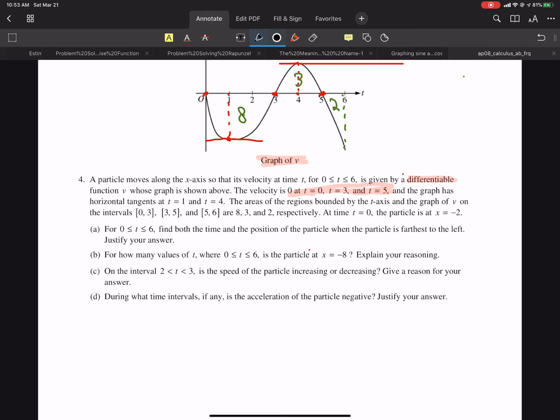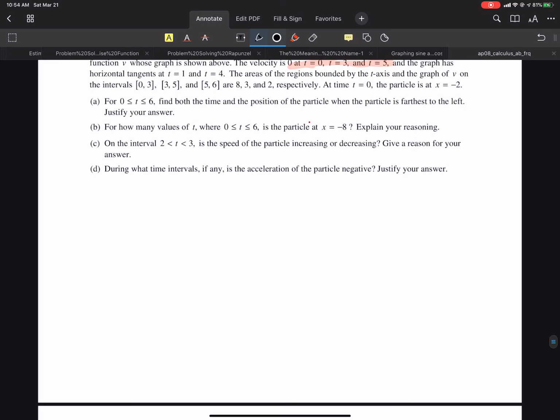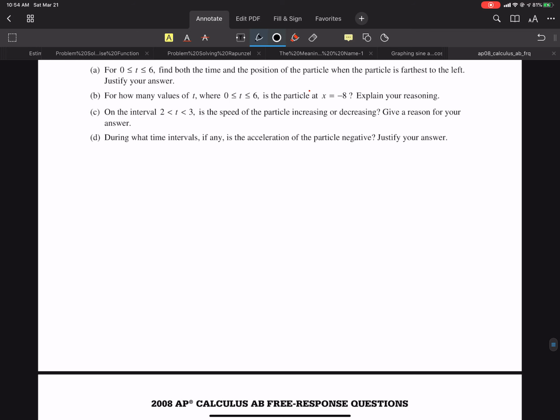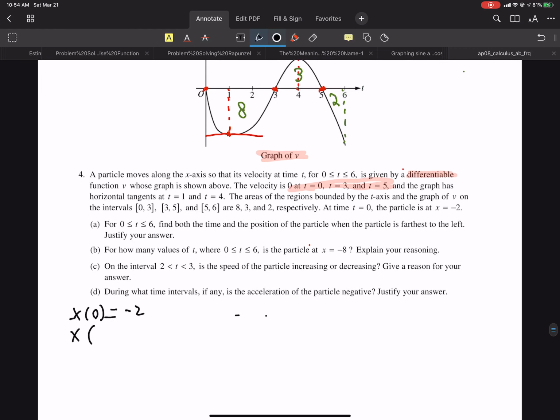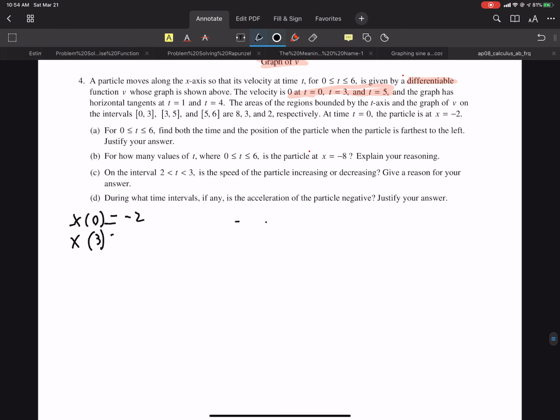Let me see if I can remember these. Okay, let me get all my positions from before. So remember, x of 0 was -2, and x of 3 was -10.